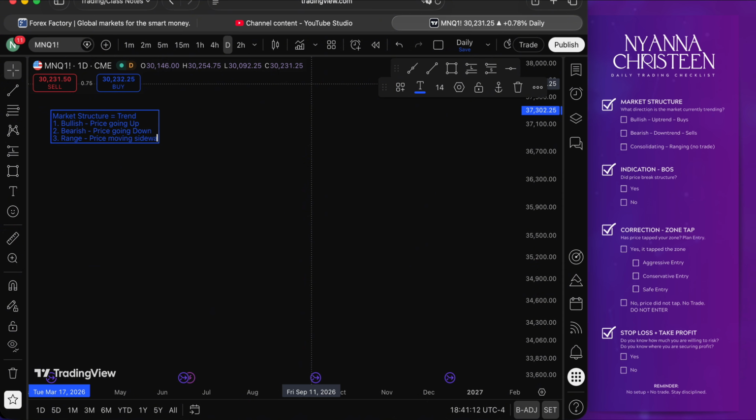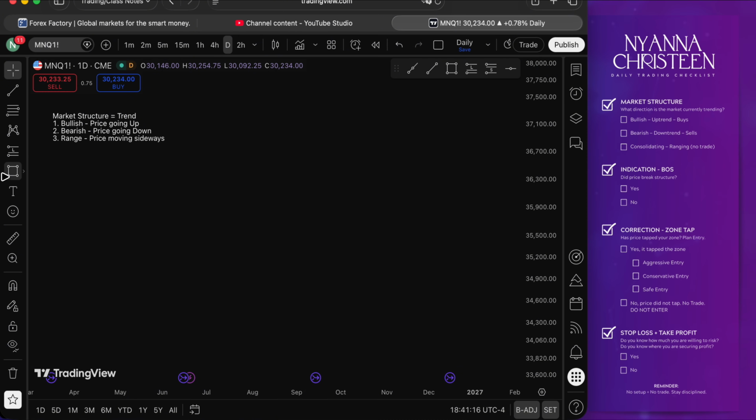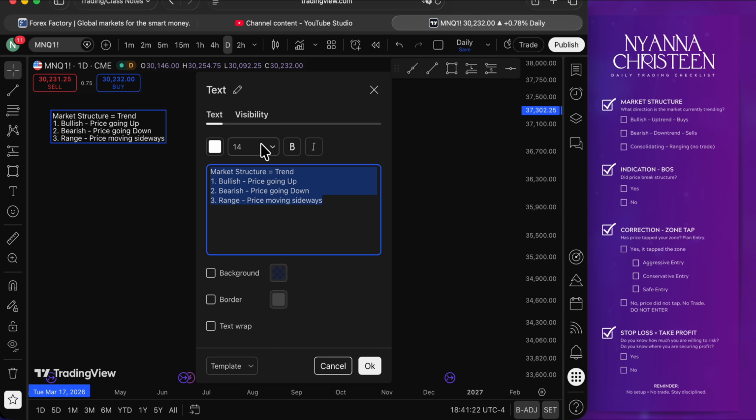So it basically looks like a barcode. Those are our 3 different types of market.